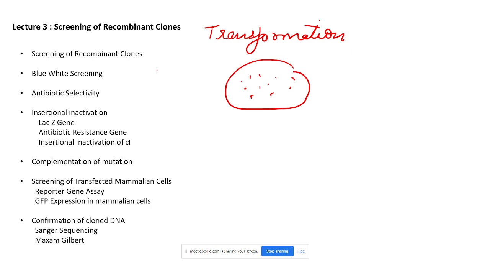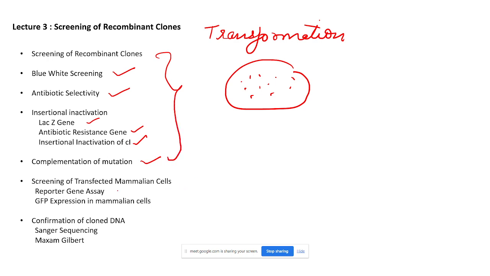So this screening can be done by many methods: blue-white screening, antibiotic selectivity, insertional inactivation, which is the same LacZ gene, antibiotic resistance gene, insertional inactivation of the CI repressor, complementation of mutation. This is mostly for bacteria.